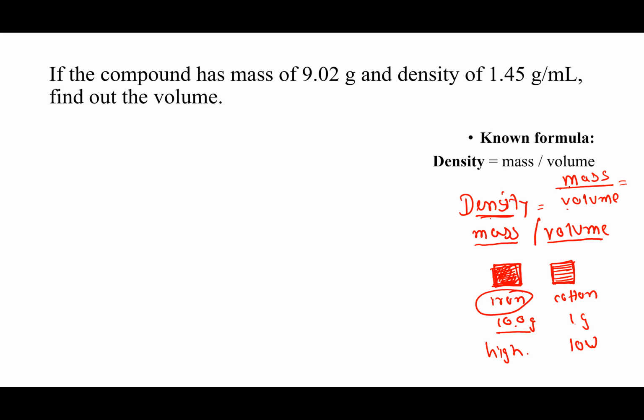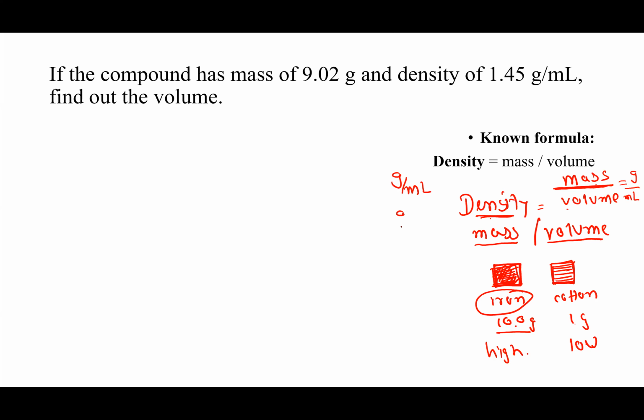So the unit should be what? What is the unit of mass? Generally, we use grams for mass. And volume, we generally measure in ml. So the unit of density could be gram per ml. This is one of the units.